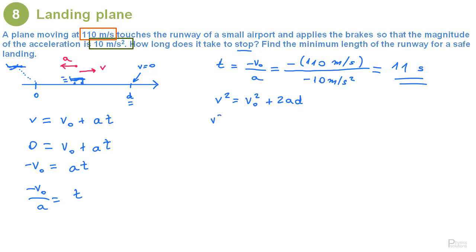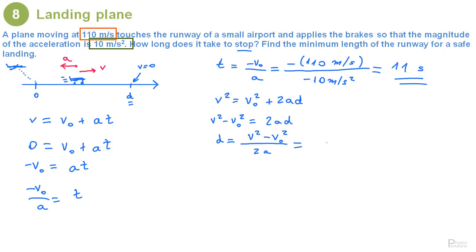And we need to solve this formula for d. That means we take the v0 squared to the other side, to the left, and now we divide everything by 2a. So I will switch the sides to have more room. d can be written as v squared minus v0 squared, all divided by 2a.